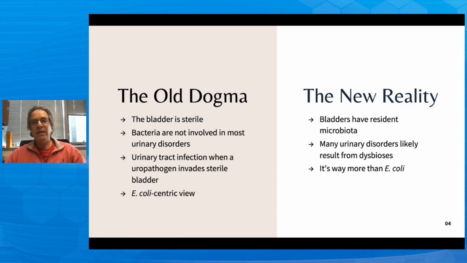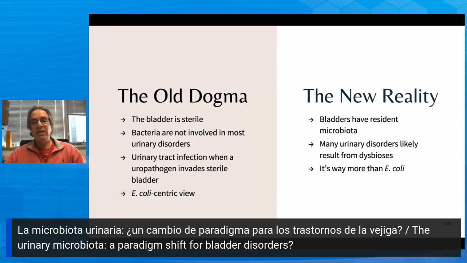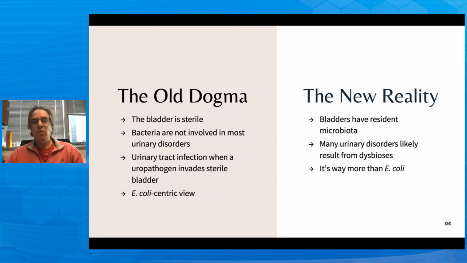The new reality is that most bladders have a detectable resident microbiota, communities of bacteria and other microbes like yeast and viruses that live in their bladders. Many urinary disorders are likely the result of disruptions of that resident microbiota. That is a dysbiosis. And believe me, it's way more than E. coli.